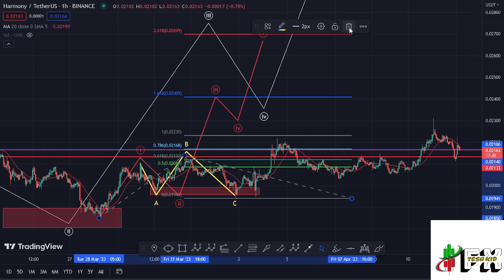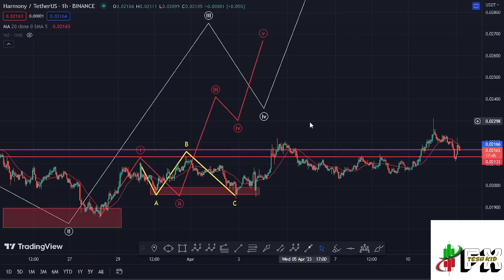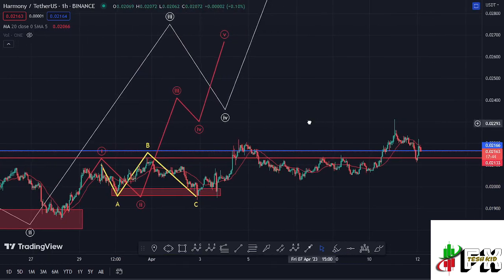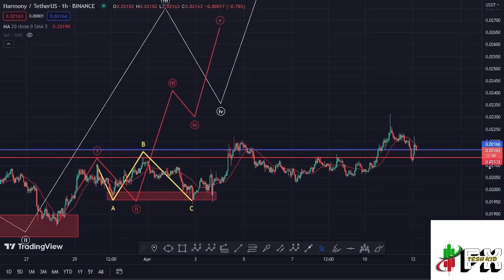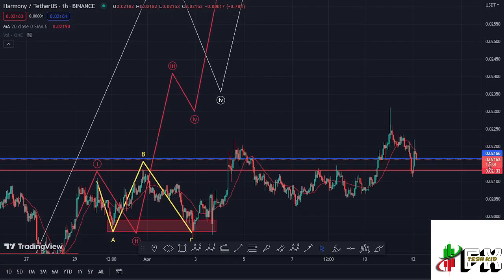And to also give us confirmations that we are in the formation of this wave 3, I said to you in my previous videos I'm expecting to see a break above the wave 1 high, which at the time of this recording we are holding above, and which lies at around the $0.02133 mark. And right now we are trying to continue holding above our key area of support at around the $0.02166 mark.